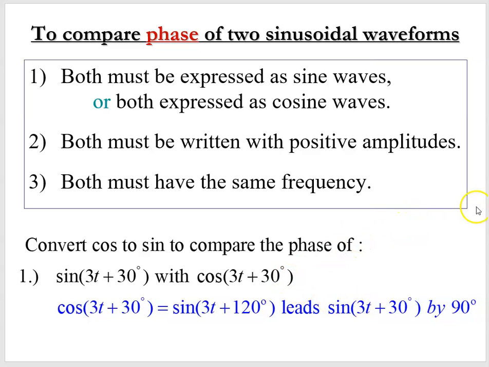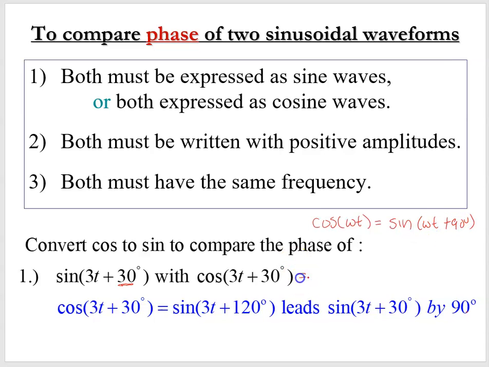So if we look at this example, if we want to compare this sine to cosine, we can convert this cosine to a sine, and then we'll compare the phase to this 30 degrees. We know that the cosine of omega t, since cosine leads the sine, is equal to sine of omega t plus 90 degrees.